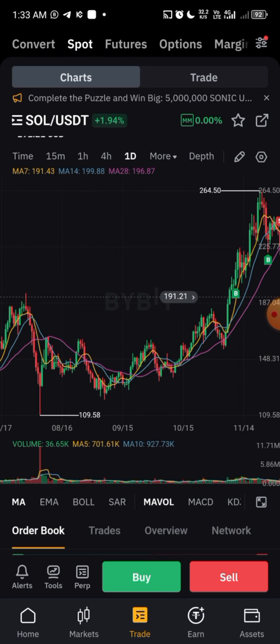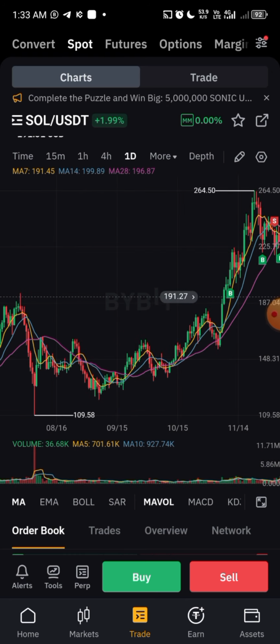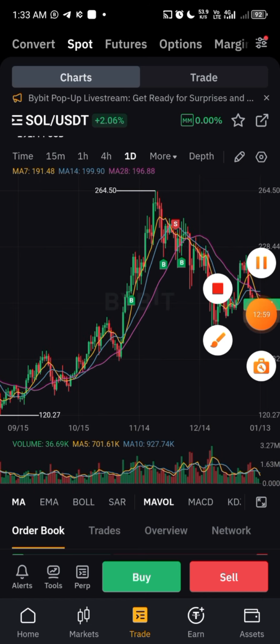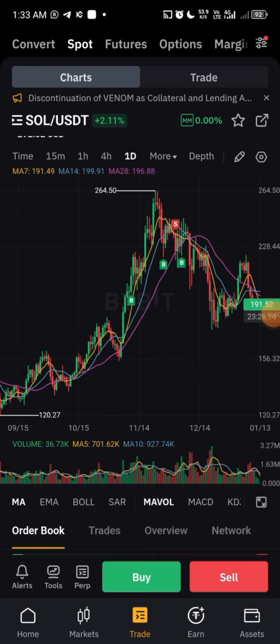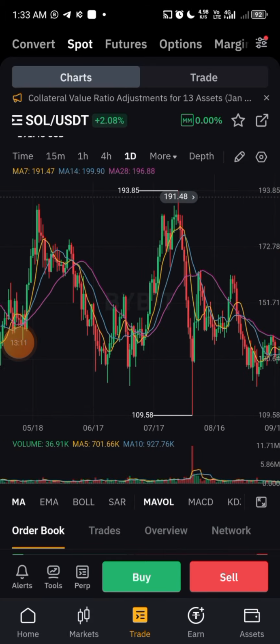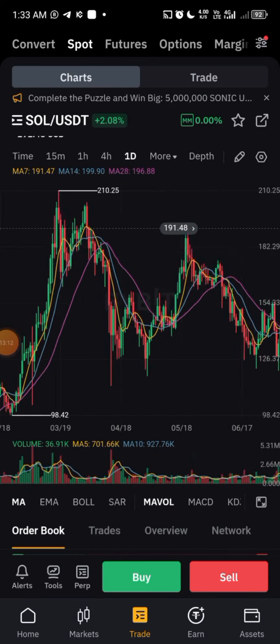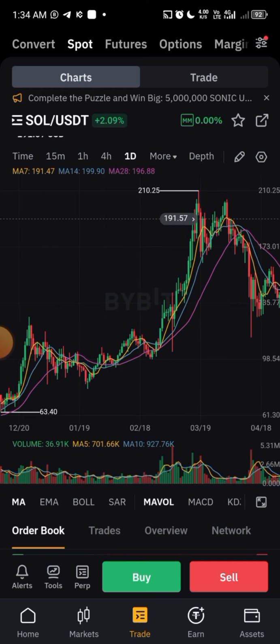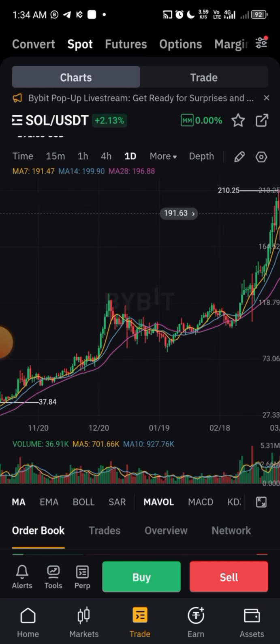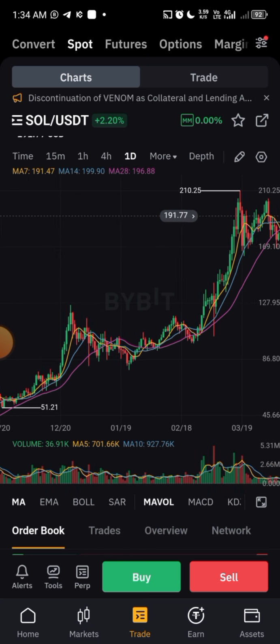So this is a chart, right? Let's look for this level. I'm looking at 134. Okay, good.